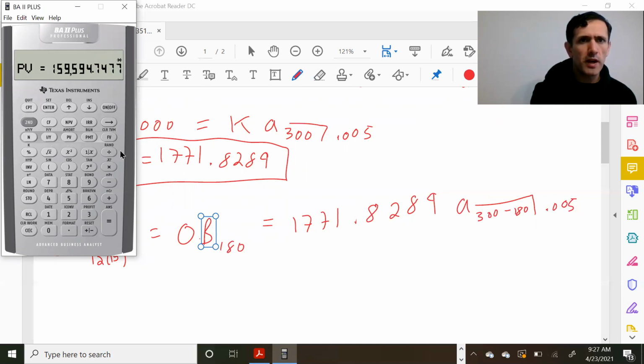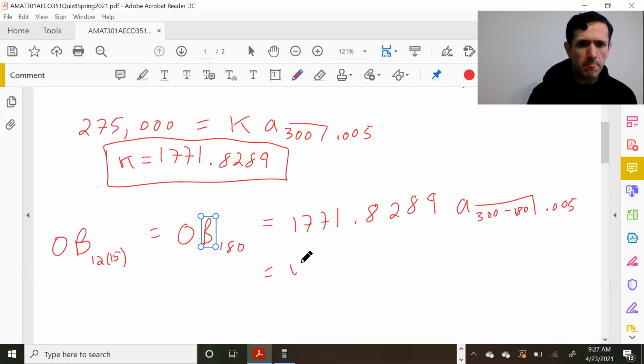Compute present value. So this is going to be 159,594.743.